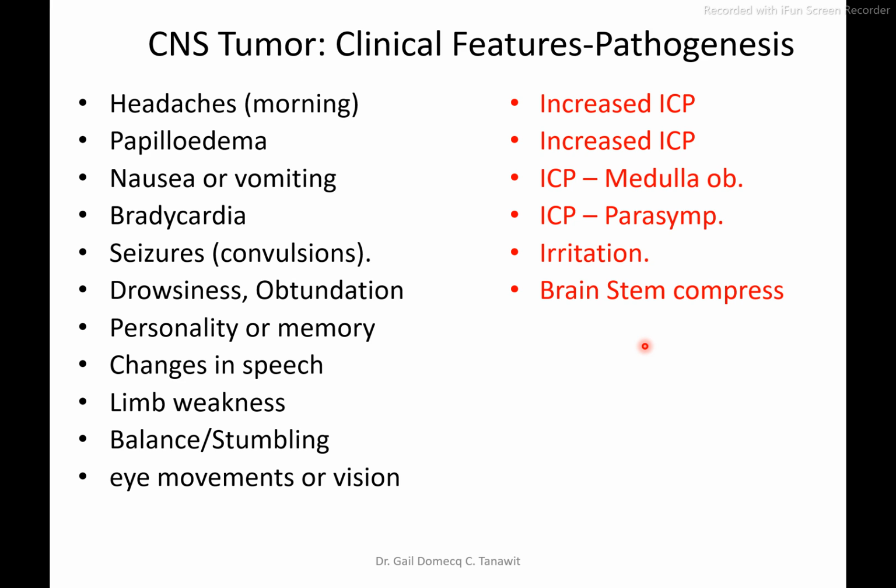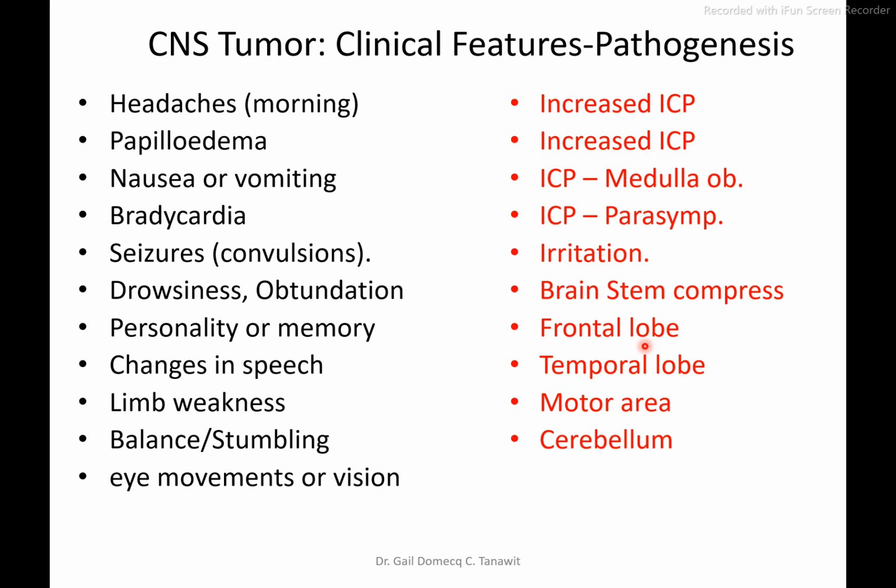Okay, personality or memory, you would think, it would be more on the frontal lobe. Changes in speech if it's in the temporal lobe. Limb weakness if it's anterior to the central sulcus. Balance, if it's located in the cerebellum. So therefore, you can localize.